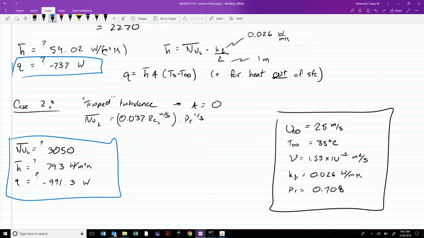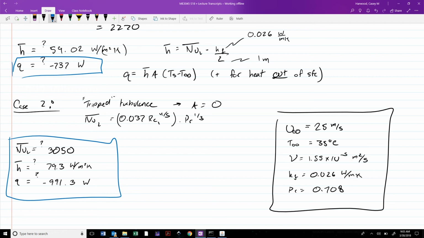Yeah. So what I don't understand is that if the Reynolds number is a function of x, and if x is 0, then how do you... I just couldn't find the Reynolds number for this one. Okay. So the Reynolds number is still based on the total length. When we're dealing with the Nusselt number based on the length, the Reynolds number we plug in is also based on the total length.